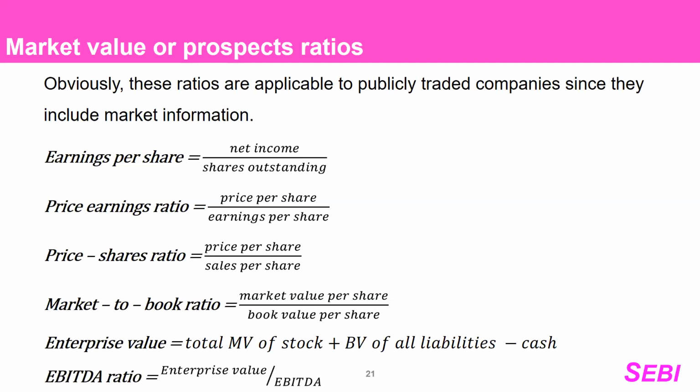And then there's the EBITDA ratio, which takes the enterprise value and divides it by the earnings before interest, tax, depreciation, and amortization.